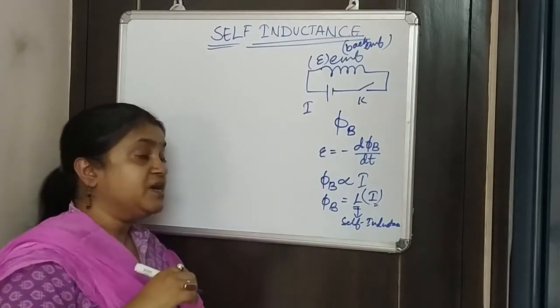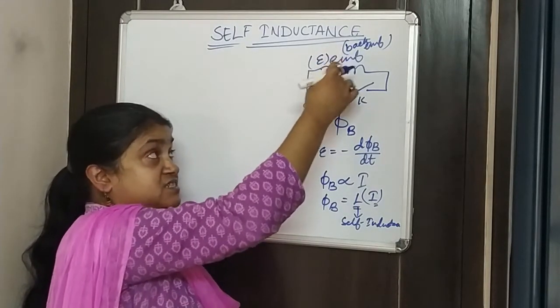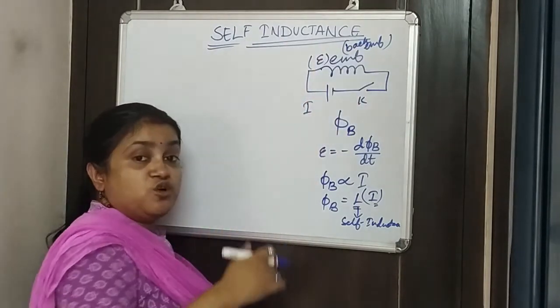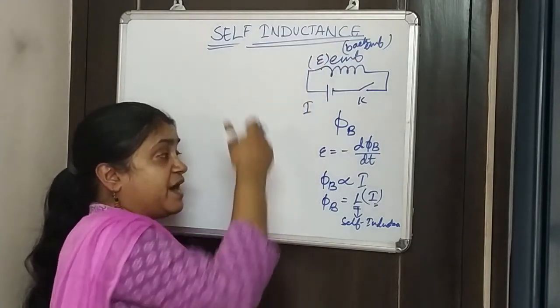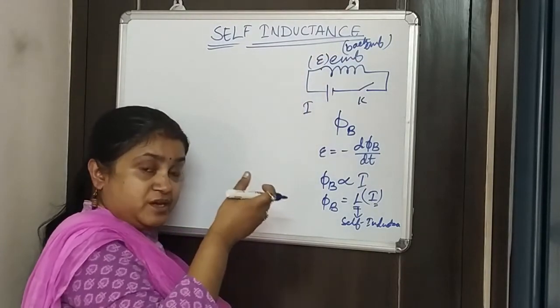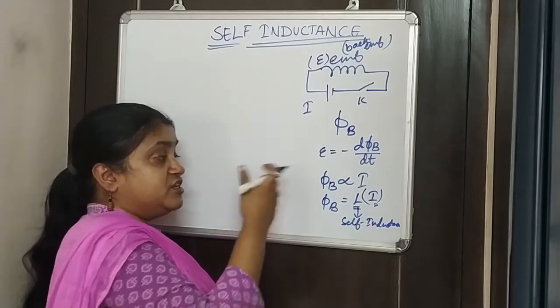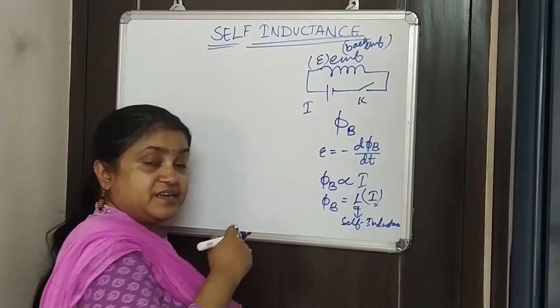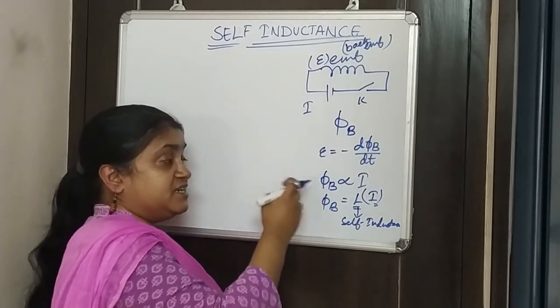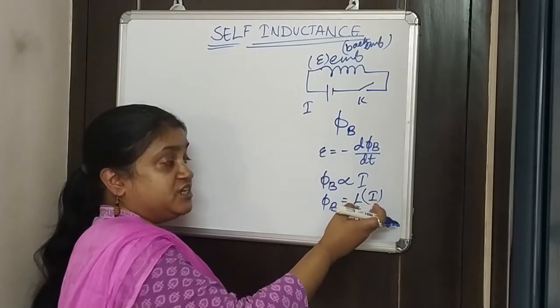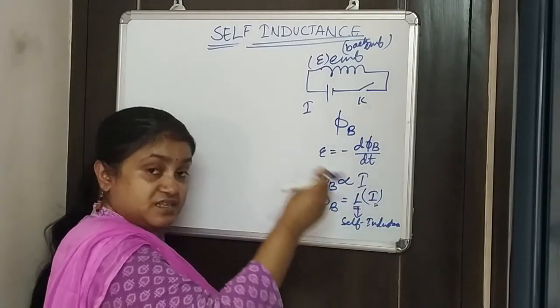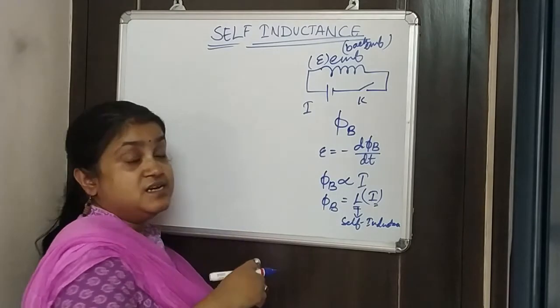When in this circular coil there is a generation of back EMF, this back EMF is opposing the change of the magnetic flux, which means it is opposing any change of the current that is happening in the circuit.